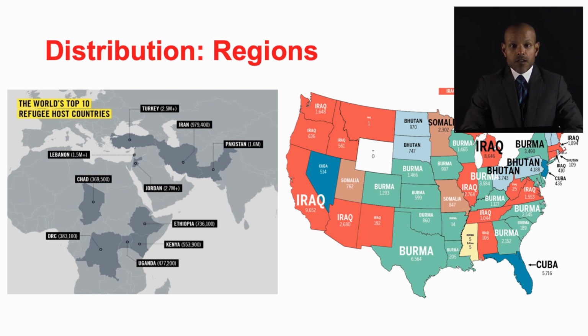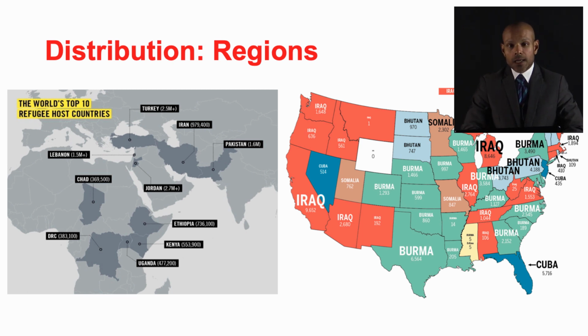A lot of these refugees are able to access these host countries by virtue of travel across land, because it's more difficult for traveling across the seas and oceans, and certainly through air travel as well. So through land movement, they are able to access some alternative locations for abode.